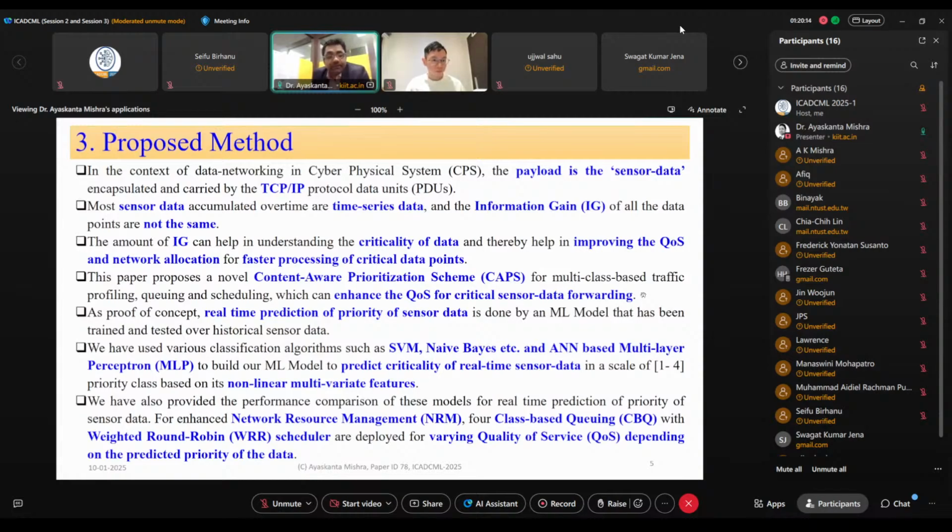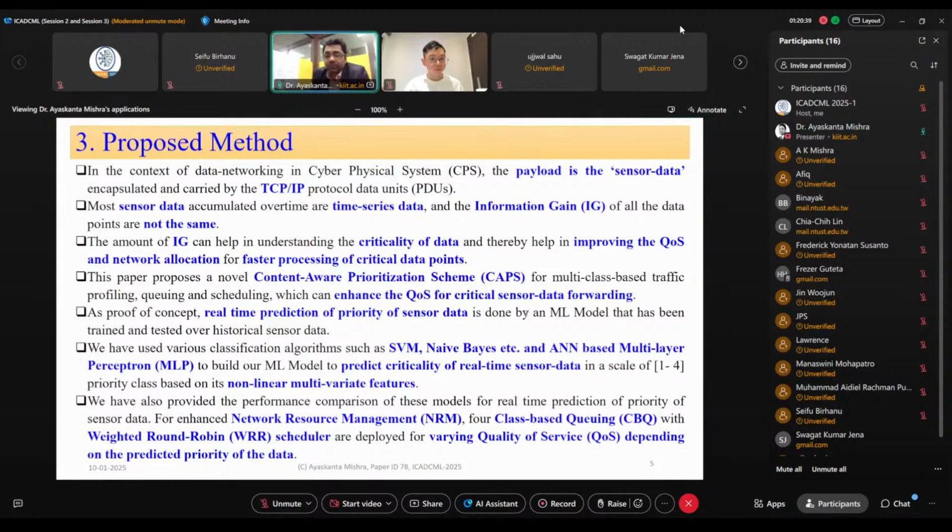We have compared multiple classification algorithms like support vector machine, naive Bayes, and artificial neural network with multi-layer perceptrons to predict the criticality of the real-time sensor data. Based on those nonlinear multivariate features, we are trying to categorize them into multiple scales of priority.